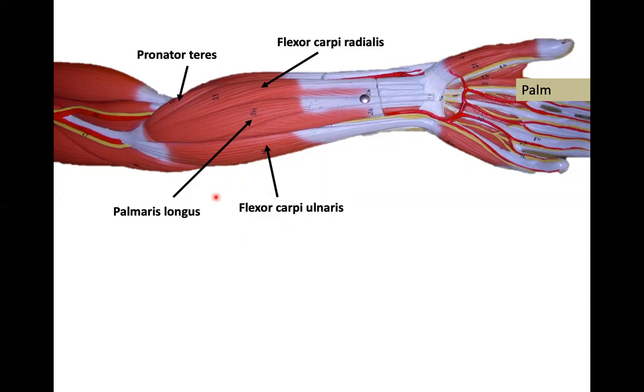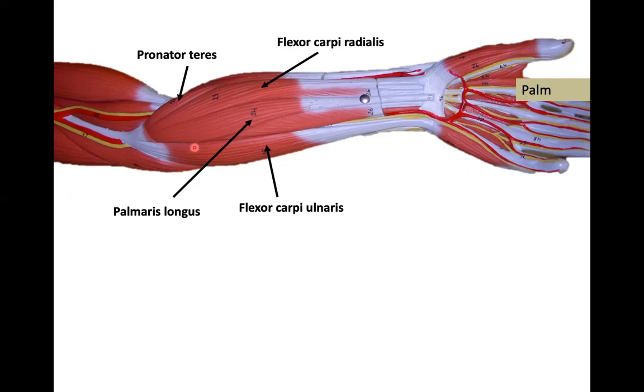Now, flexor implies the action they create is flexing the wrist. So flexor carpi implies these muscles are flexing the carpal bones, and we know that carpal implies your wrist. Again, I don't want you to know this detail, but it is interesting to take a look at this.